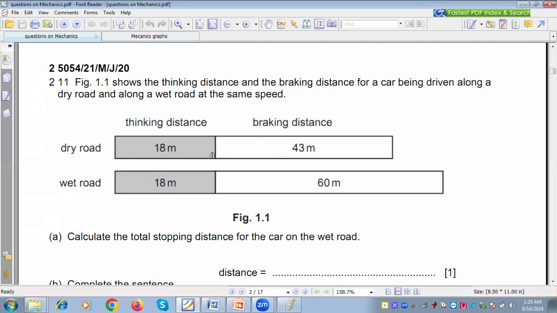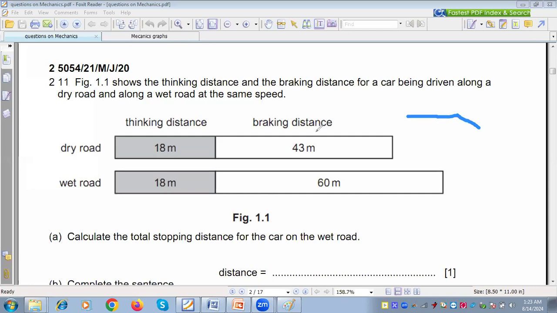Okay, what is braking distance? The distance covered after the brakes are applied. If you want to show the graph on this, what will be the shape of the graph for this case? You will draw a straight line, whatever is the speed of the driver, that will be a straight line. Then he applies the brake.